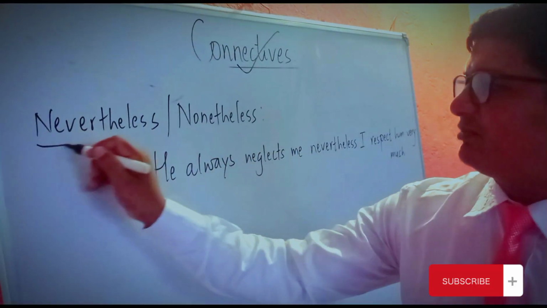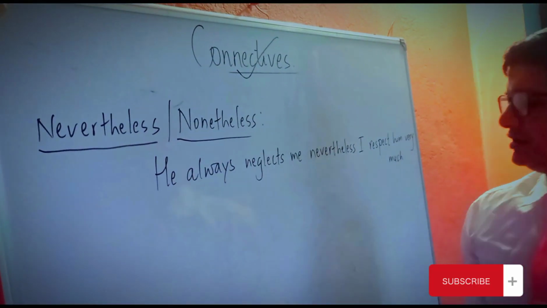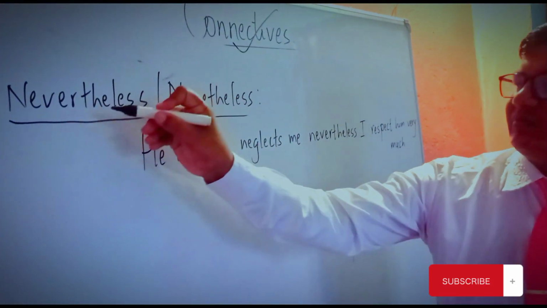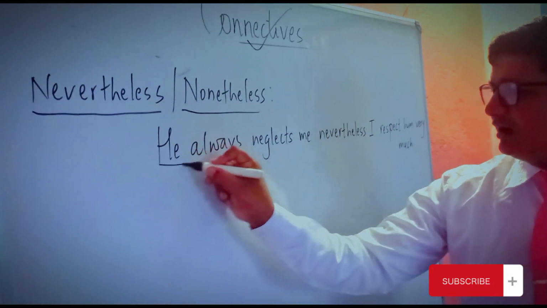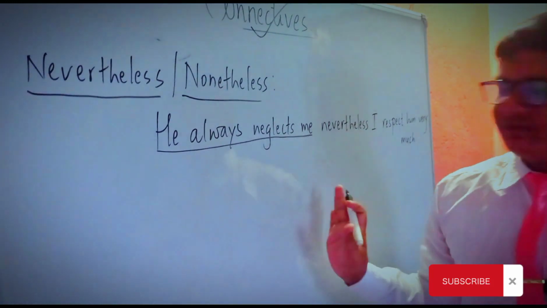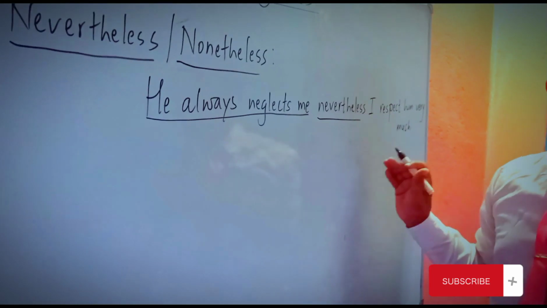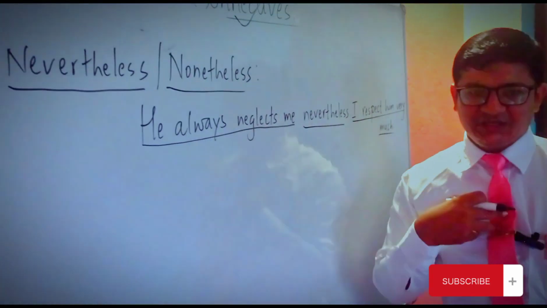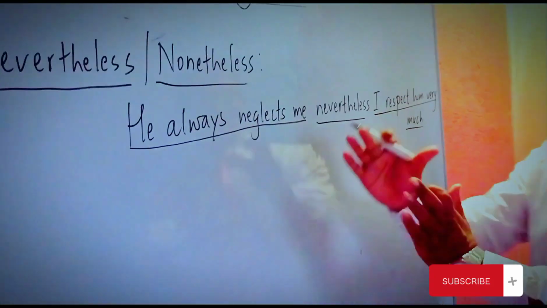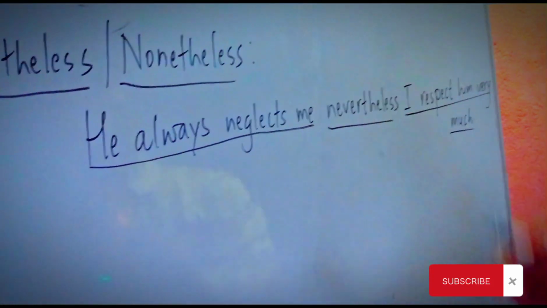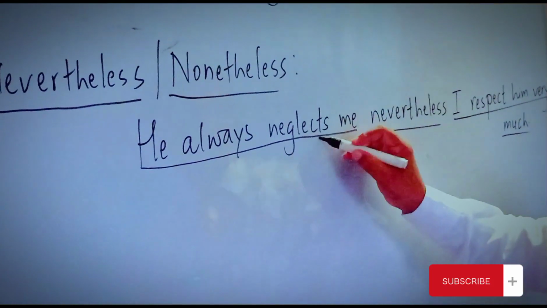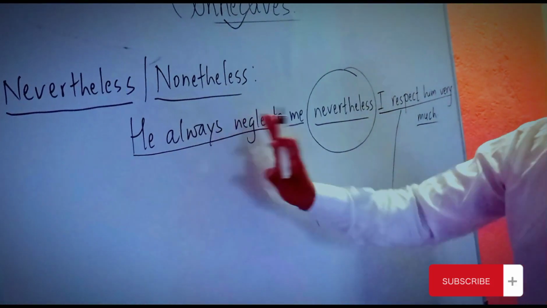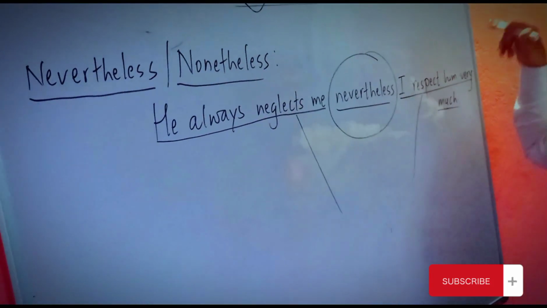Lastly, I have nevertheless or nonetheless. Look here, you can analyze from this sentence. These can be used interchangeably. He always neglects me. He doesn't like me. Nonetheless, I respect him very much. He neglects me, but I respect him. So in this situation, we use nevertheless or nonetheless. There is contradiction. He neglects, but I respect.